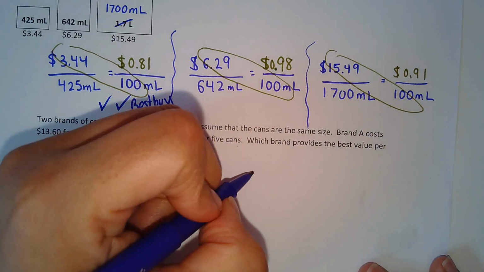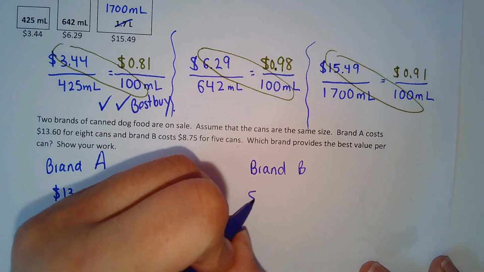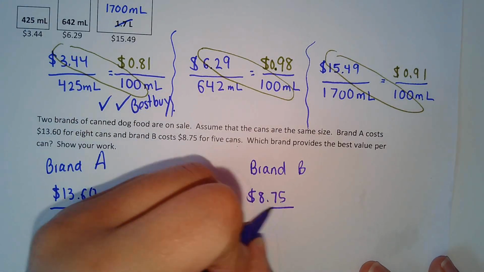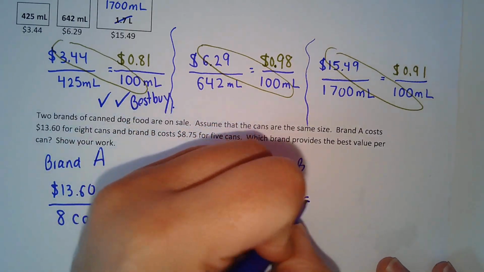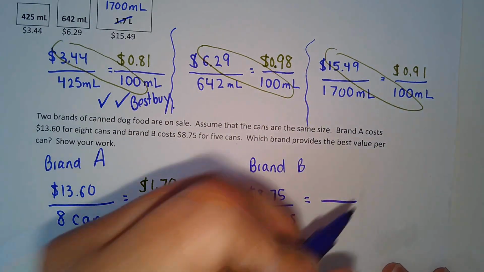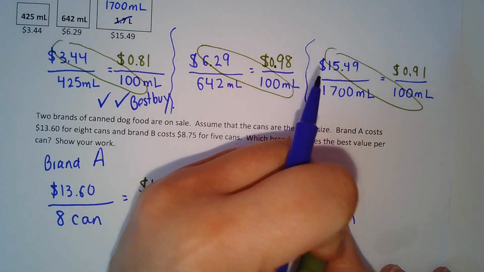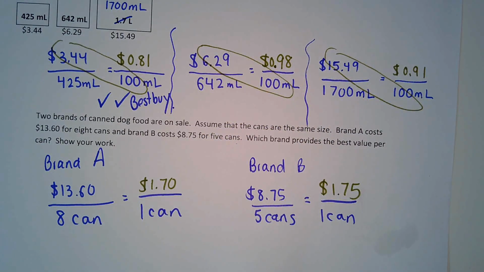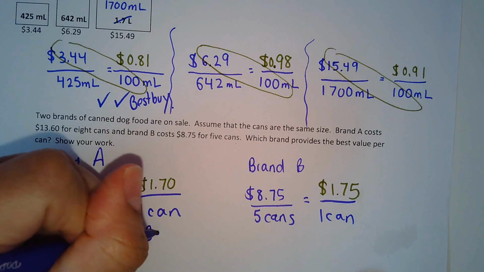And brand B is $8.75 for 5 cans. And what is the price per 1 can? We end up with $1.75. So this one here is the best buy. It's cheaper.